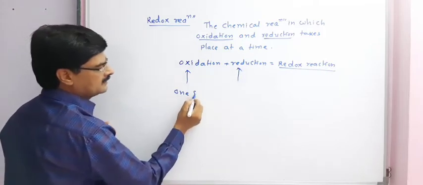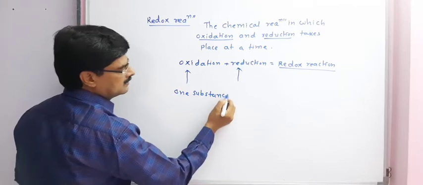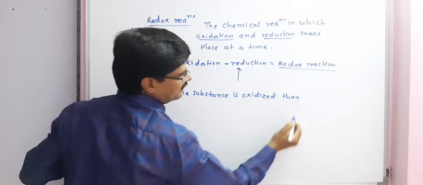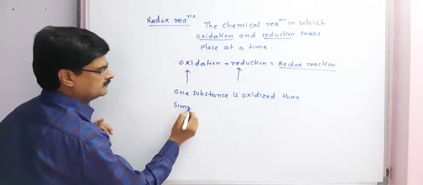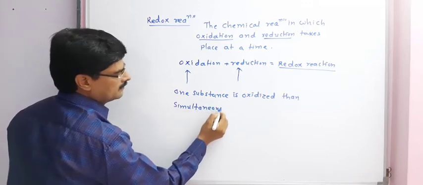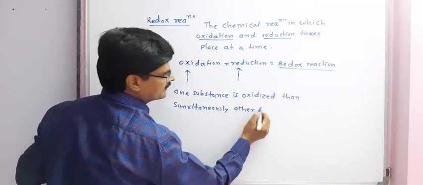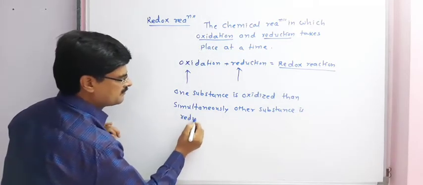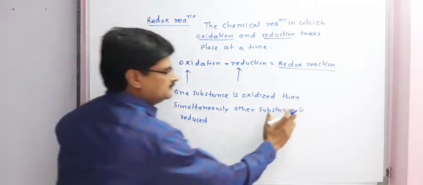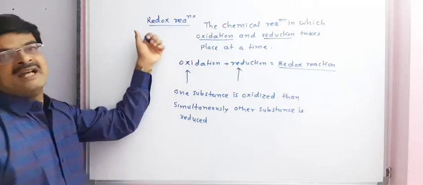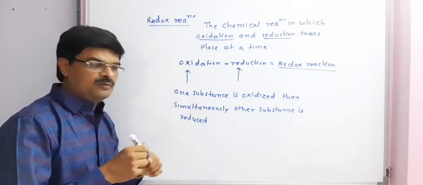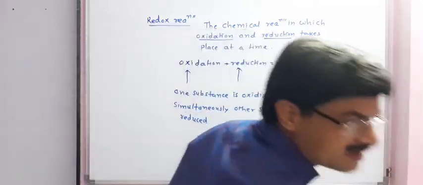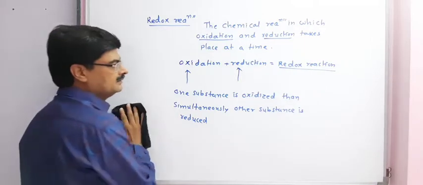If one substance is oxidized, then simultaneously another substance is reduced. So this is about the definition of redox reaction. Now first we understand the classical concept of redox reaction, that is the definition of oxidation and reduction.